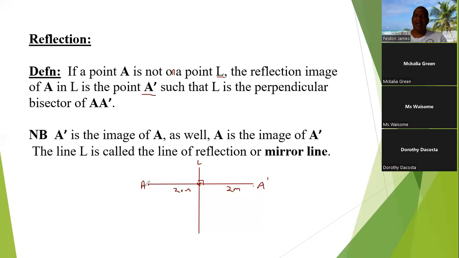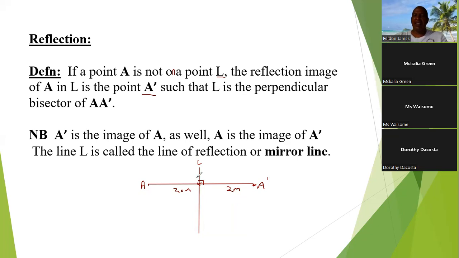So if you reflect this point A in the line L, the reflection would be on this side of the line, right? And so the reflection image of A in the line L is the point A dash, such that L is the perpendicular bisector of the line A to A dash. So this line L is a perpendicular bisector.